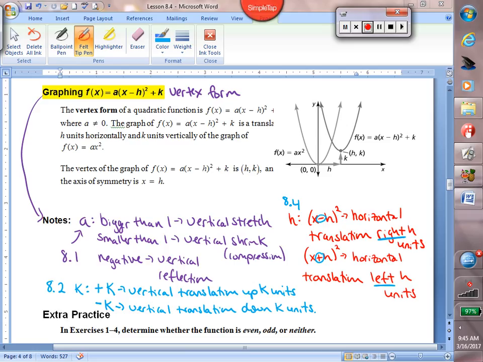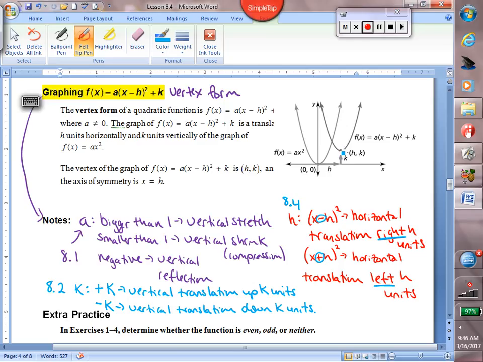So now, how do we use this information to find our vertex? Our vertex is either the lowest point on the graph, or if our graph opens down, it's the highest point. How we find that is using our translations. However far our graph goes left or right is going to give us the x value for our vertex. Our vertical translation, however far we move up and down, is going to give us the y value for our vertex.